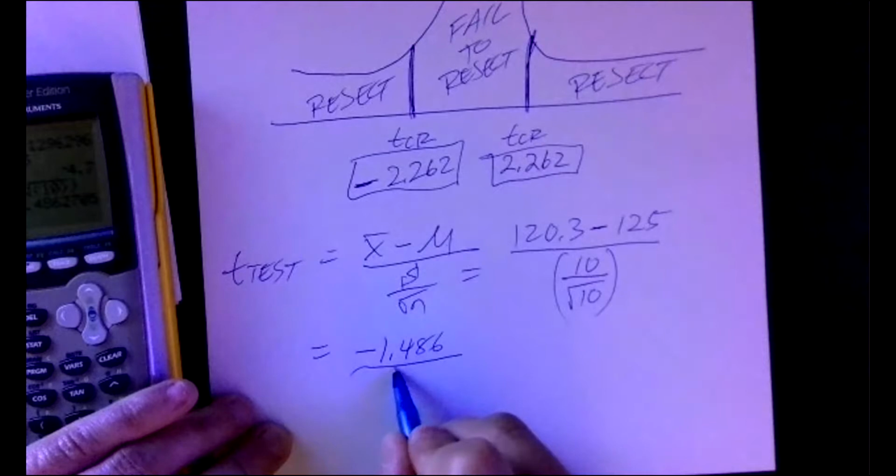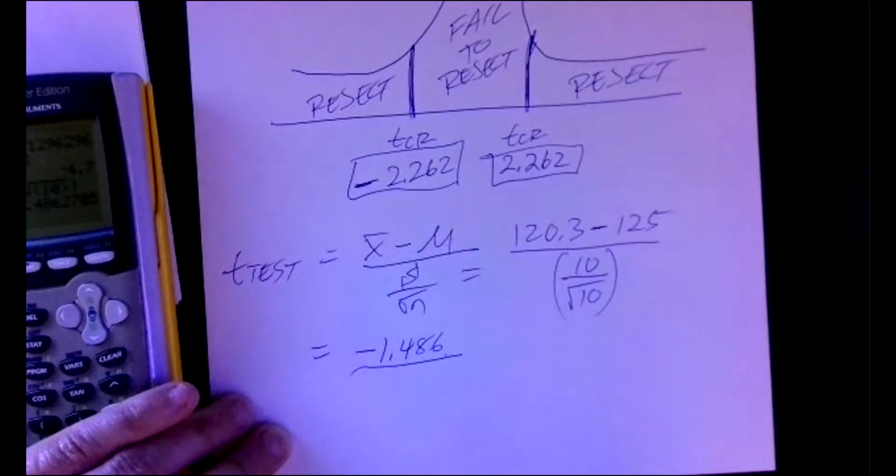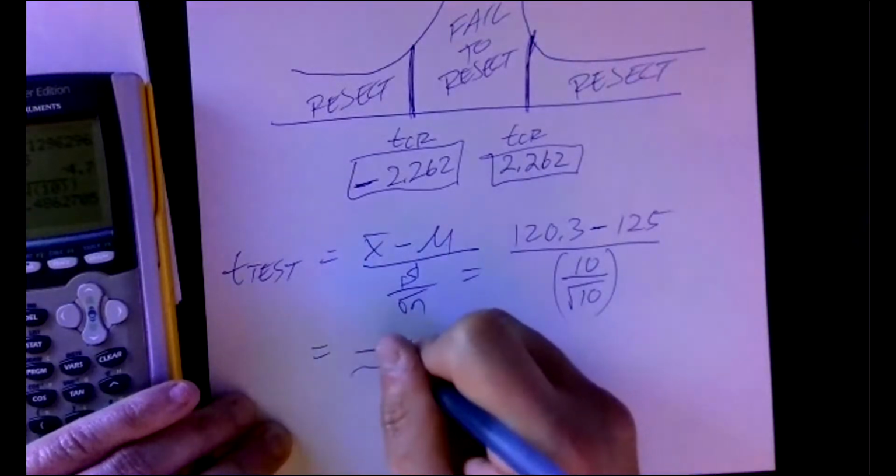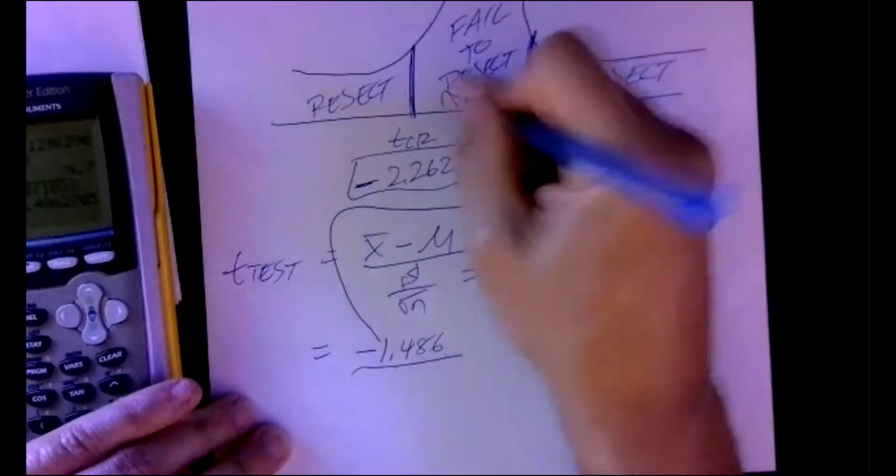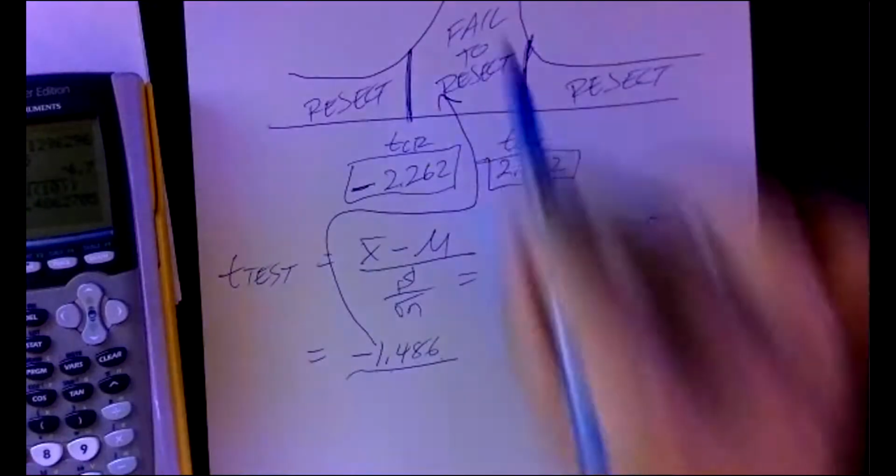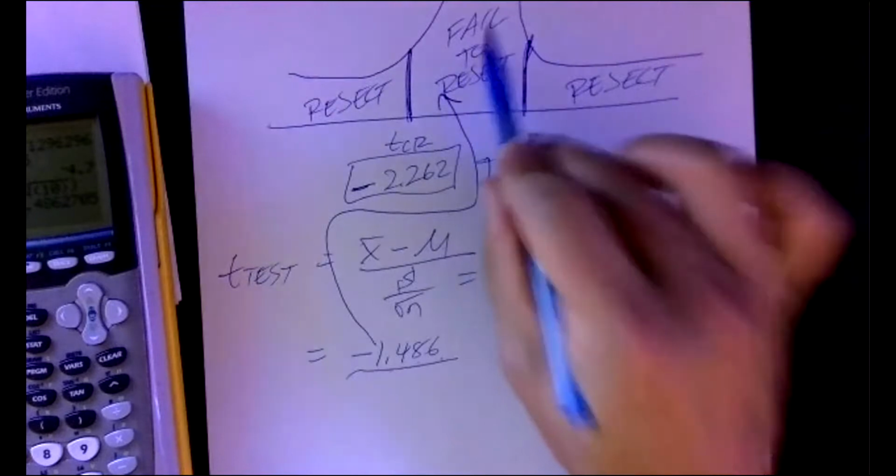Negative 1.486, which is going to fall in between the two critical values. We fail to reject the null hypothesis.